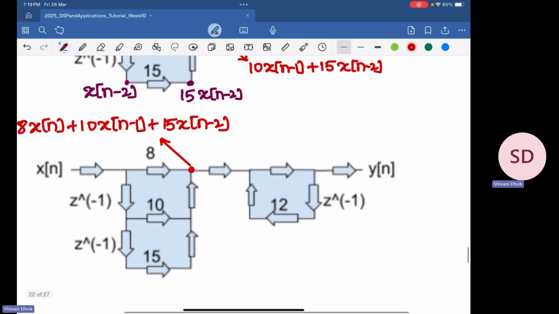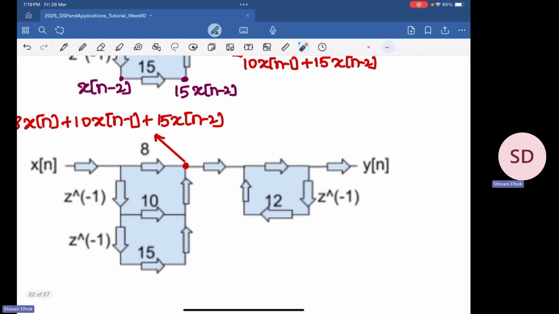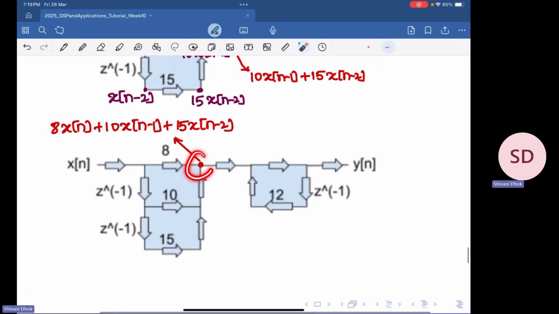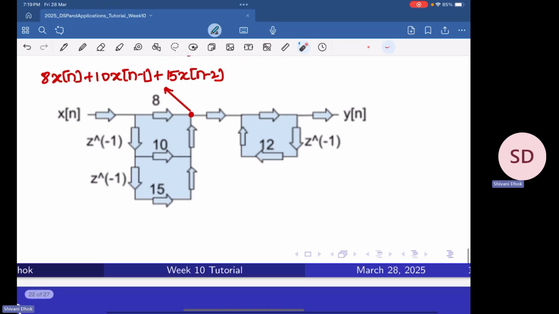Okay. Now whatever we just wrote, or whatever is available here, gets added to whatever is coming from this side. So now let us try to understand what exactly is the output at this point. Since this part is y of n, this point is also having y of n.